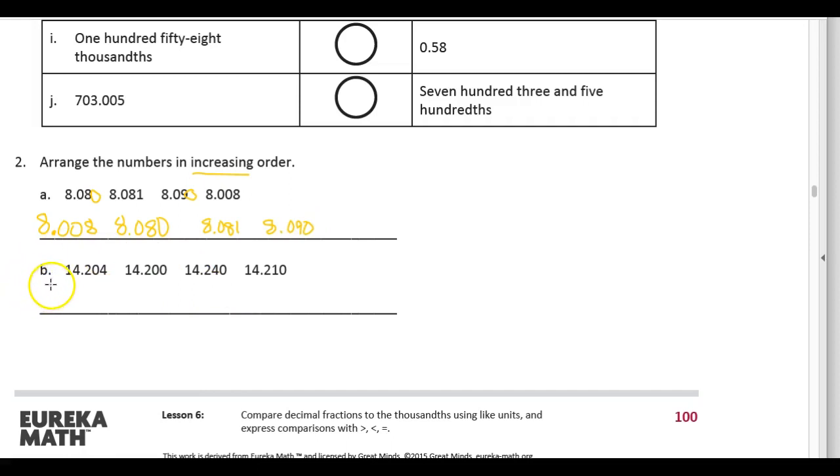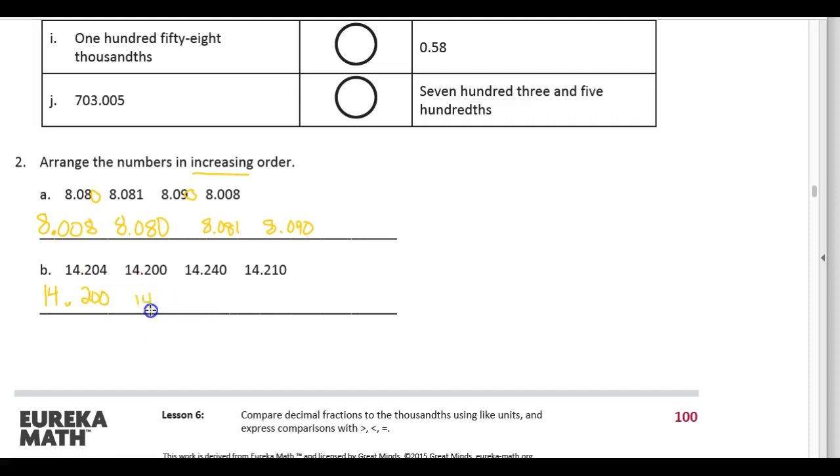So all of these start with 14, and then we can see this is 200, 204, 210, and 240. So that's exactly what we're going to put them in order. Here's your 14, and your 200.